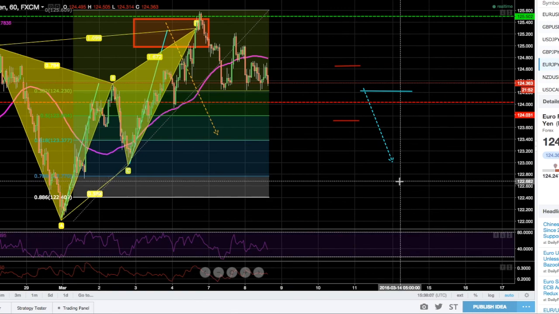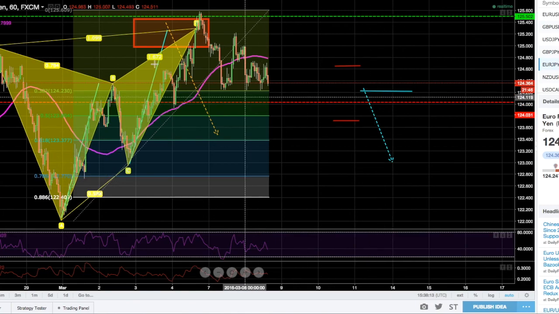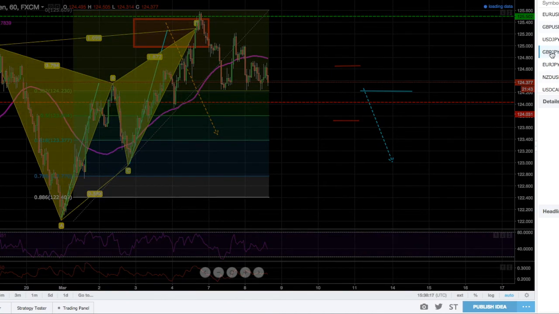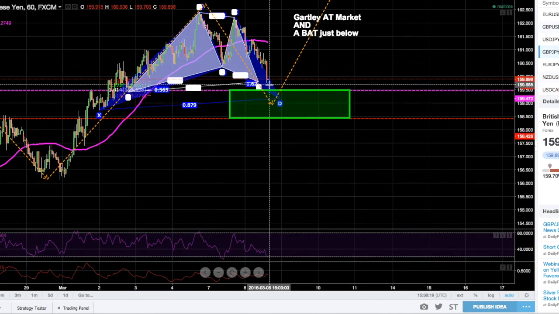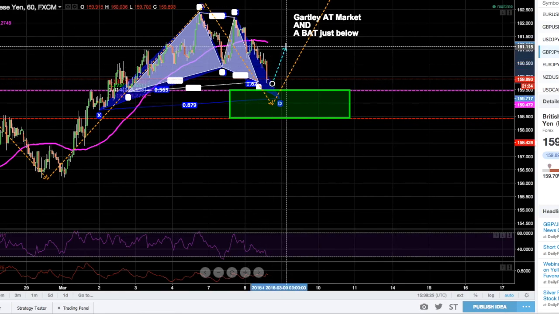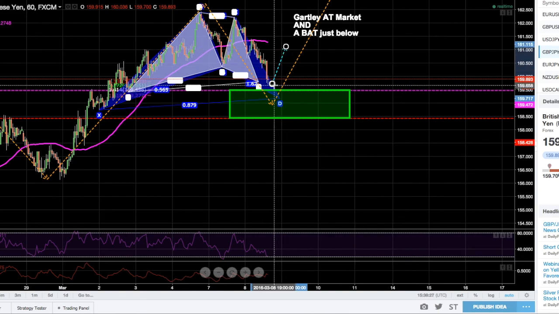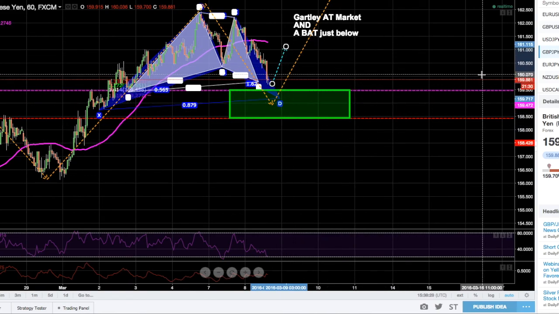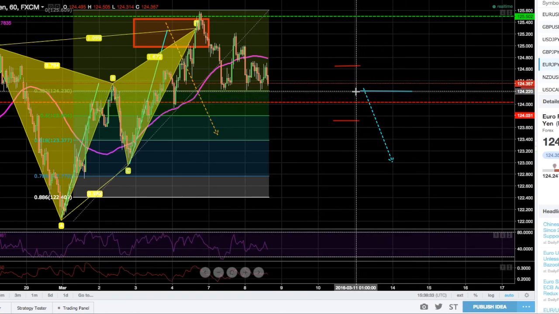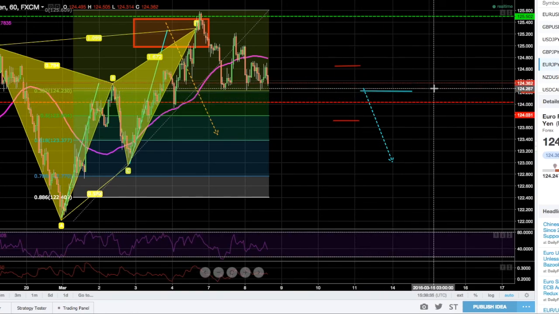you can also hedge between pairs. And this is what I talk about, correlation. So the euro yen, and let's take, for example, the pound yen, right? So if we are going to get long on the pound yen right now, the pound yen and the euro yen generally move in a similar direction, right?